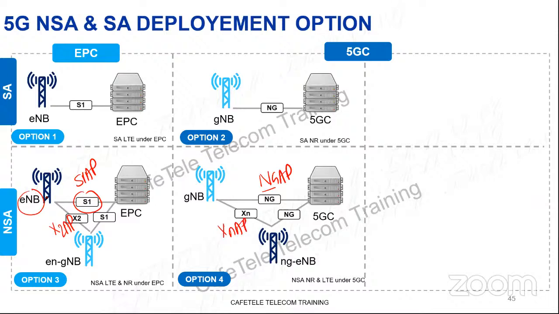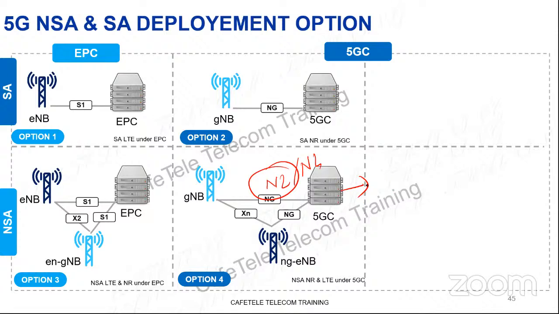It means if I want to exchange the base station information between G node B to next generation E node B, they have to use XNAP protocol. When they want to exchange the information between G node B to the 5G core, they only use NGAP protocol. So that's the terms. If you remember, I told you what is the interface between G node B to 5G core network. We have N2 interface, but N2 and N3, because in this 5G core network we have two scenario.